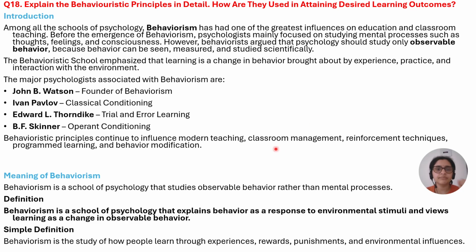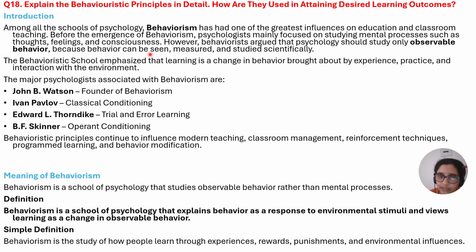Then the next is behavioristic principle. How are they used in attaining desired learning outcomes? Okay, out of all the learning schools, behaviorism has a great influence on education and classroom teaching. Before emergence of this behaviorist theory, psychologists only focused on studying of mental processes like thoughts, feelings, and consciousness.